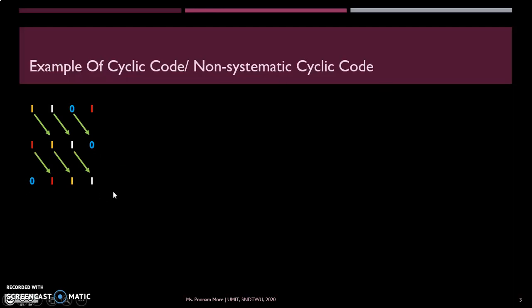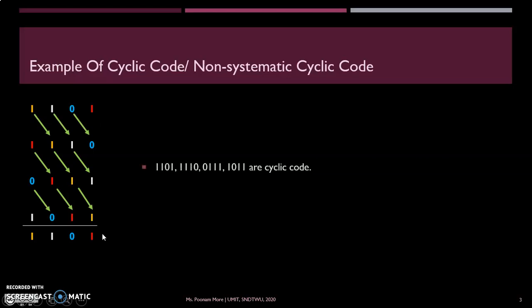In this way, if you go on performing shifts, at one stage you will retrieve the original cyclic code from where you started. So basically we consider all these vectors, which result from performing the right shift, as cyclic codes.